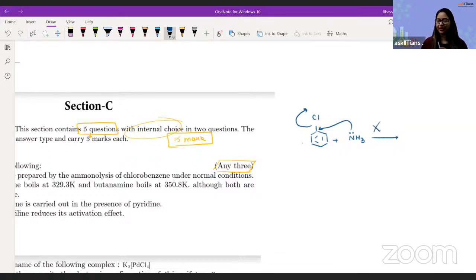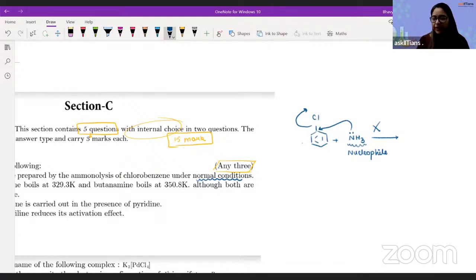It doesn't happen that way. Why? It doesn't happen that way under normal conditions. Reason: this is a nucleophile. It's a nucleophile. Okay. So there are two major reasons for it.